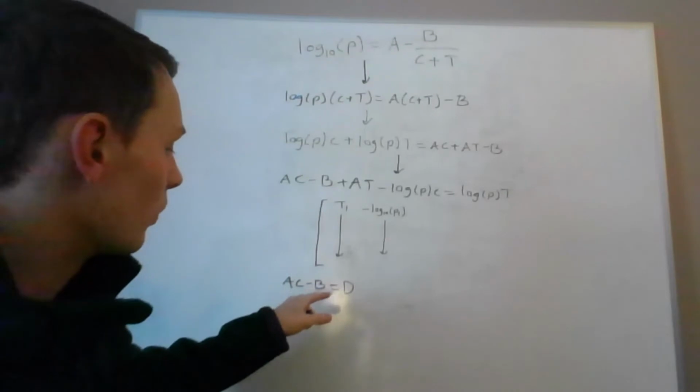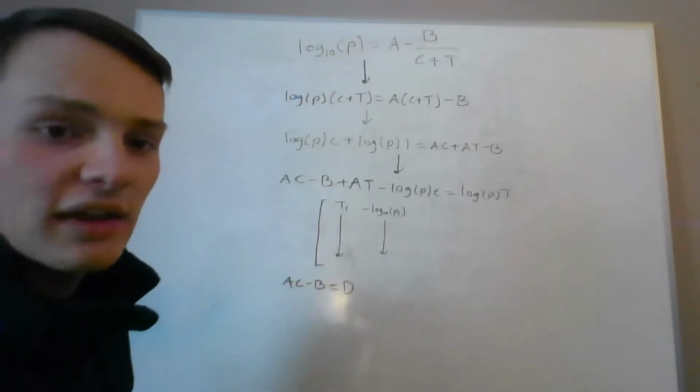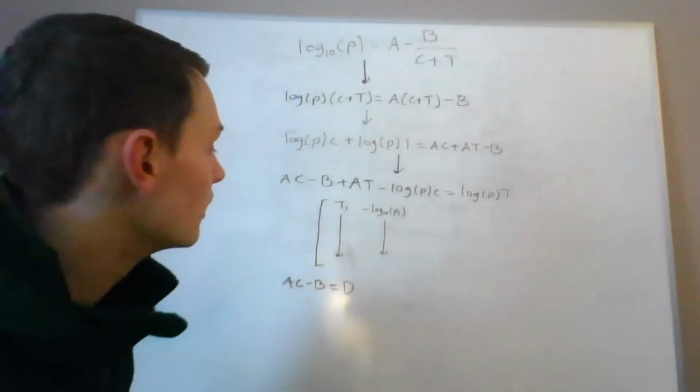So for now, we're going to represent A times C minus B as an unknown coefficient D.